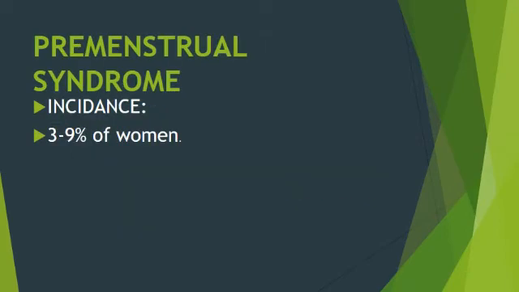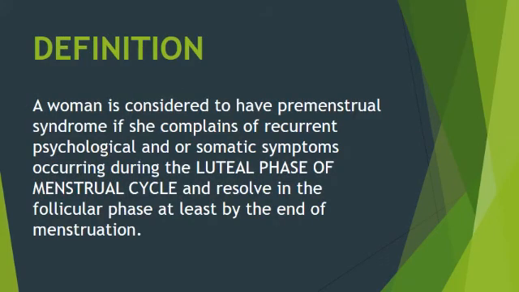Premenstrual syndrome incidence is 3 to 9% of women. Definition: a woman is considered to have premenstrual tension syndrome if she complains of recurrent psychological and/or somatic symptoms occurring during the luteal phase of the menstrual cycle and resolving in the follicular phase, at least by the end of menstruation.